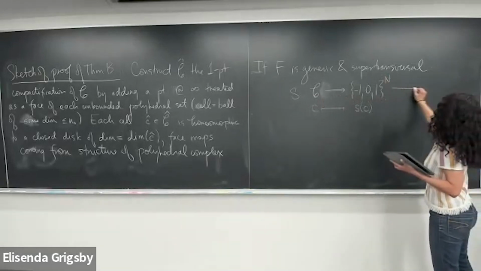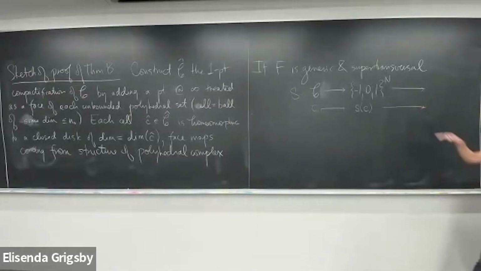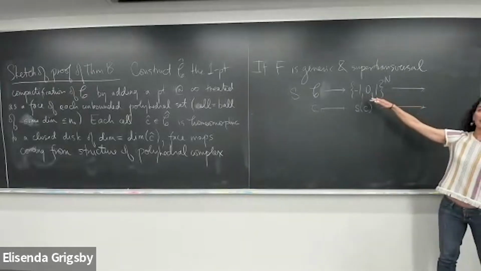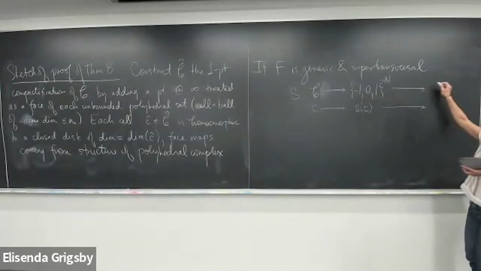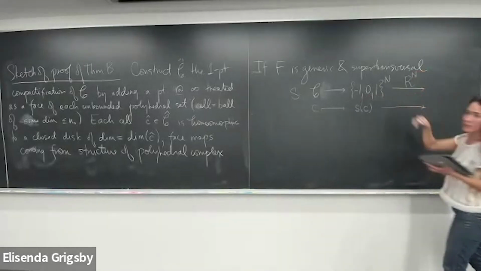And now what I claim is that you can assign to each sign sequence some map, which I'm going to call RN.